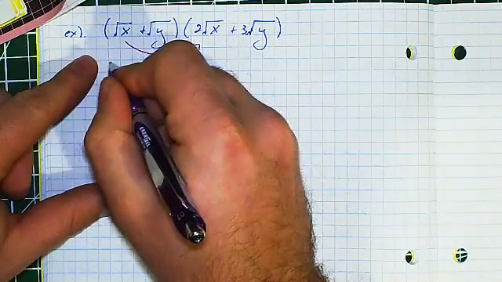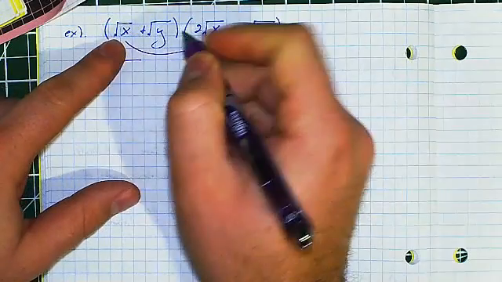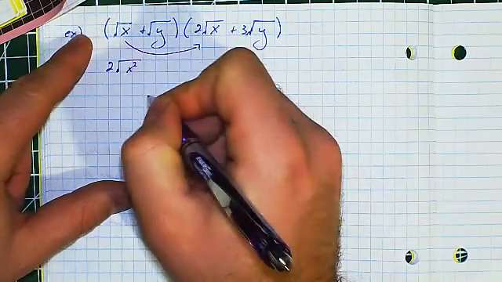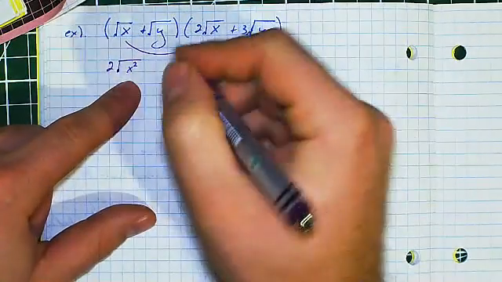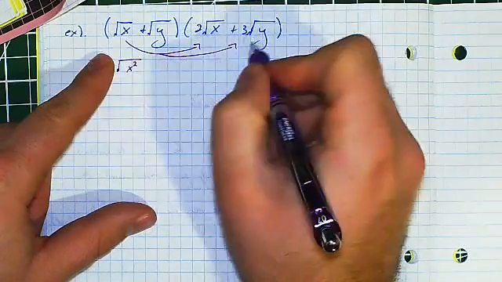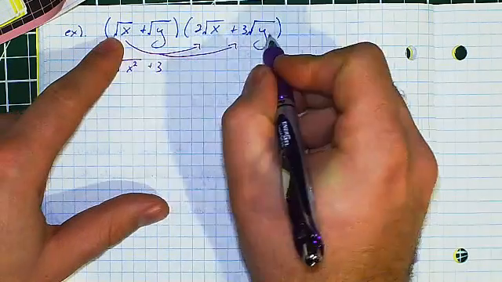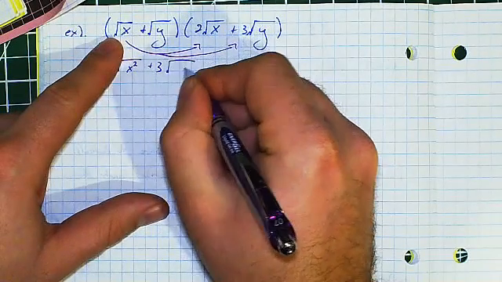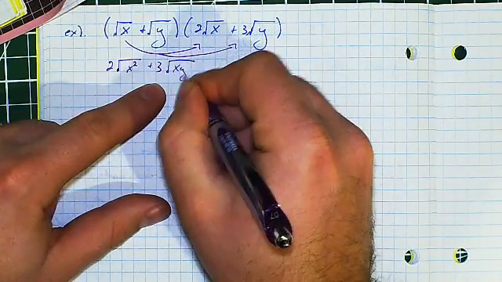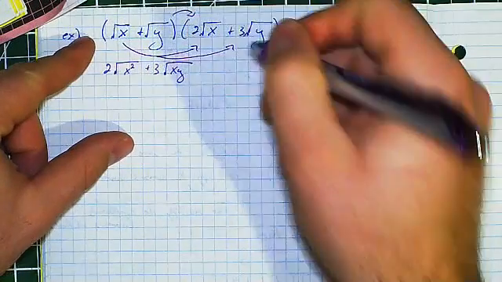Same thing's applying. So, root x times 2 root x, so 1 times 2 would give us 2x. Now, x times x turns into x squared, and we're going to talk about that in a couple seconds here. Root x times 3 root y, or 1 times 3, turns into 3, and x times y we can't really do much with, so we're just going to say it's root xy.